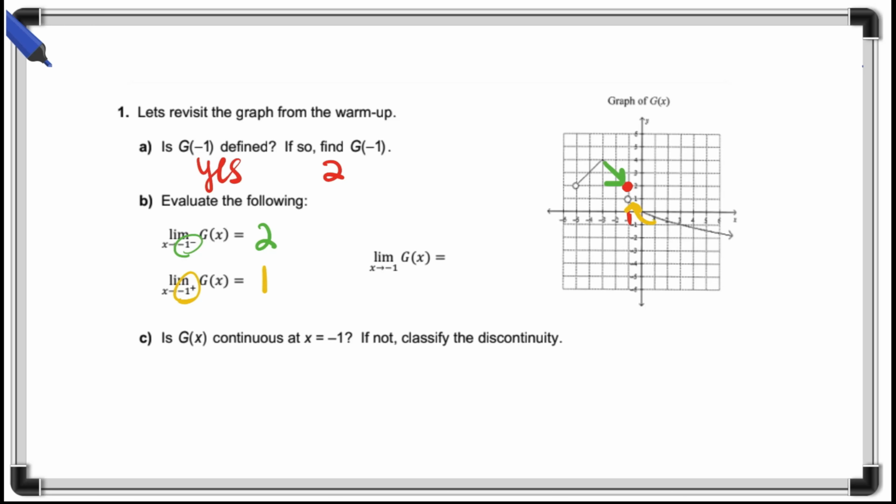The limit as x approaches -1 does not exist. The limits are two different from the left and from the right. So is your function continuous? No. And the reason being is you have a jump discontinuity. Jumps from one value to the next.